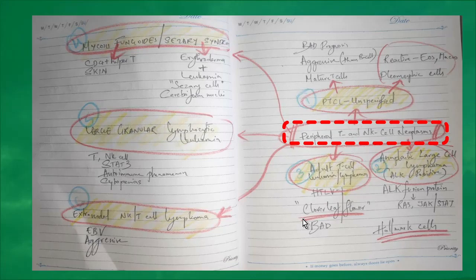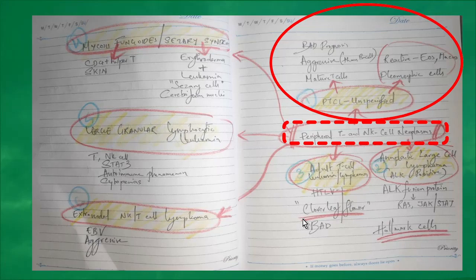So T cell neoplasms are worse than B cell. In general, peripheral T cell neoplasms are pretty uncommon compared to B cell, around 10% of lymphomas only.